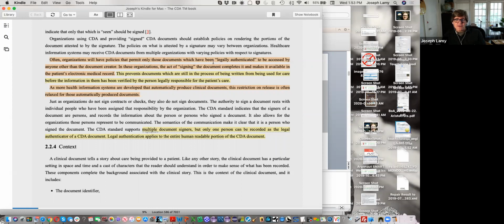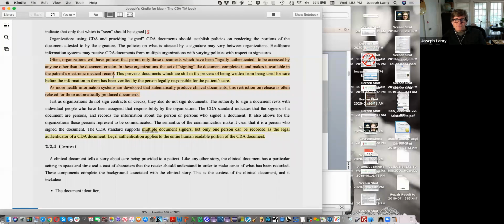This at least talks about some organizations may only want to share legally authenticated documents. But then it says later, as more health information systems are developed that automatically produce clinical documents, this restriction on release is often relaxed for those.